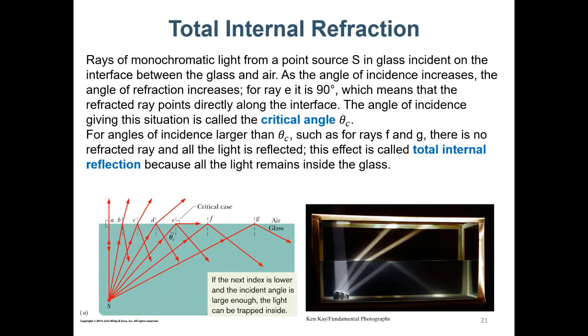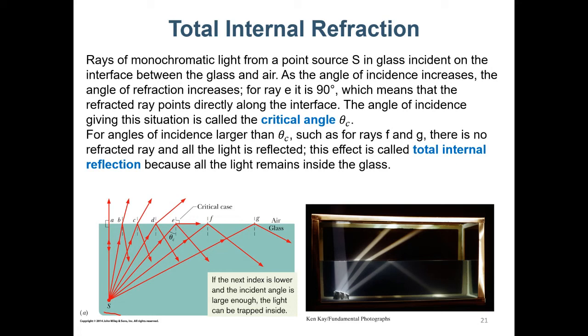So here we talk about total internal refraction, 全反射. Rays of monochromatic light from a point source. This is the point source, incident on the interface between the glass and air.